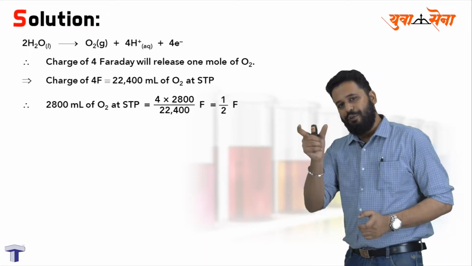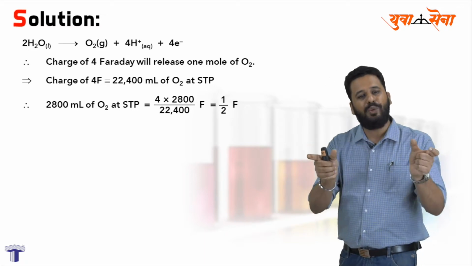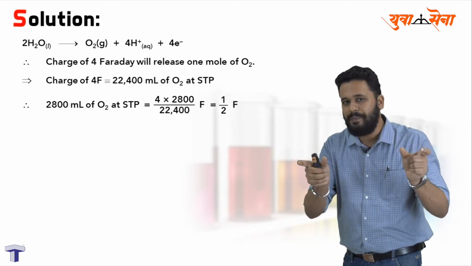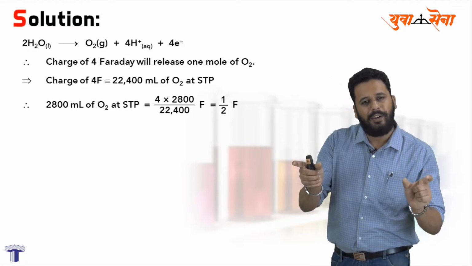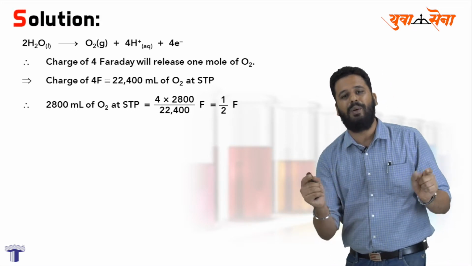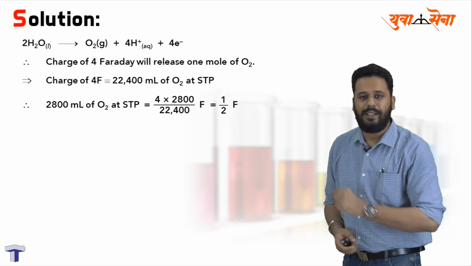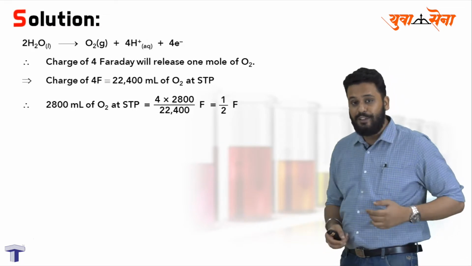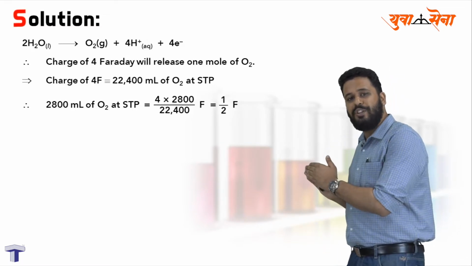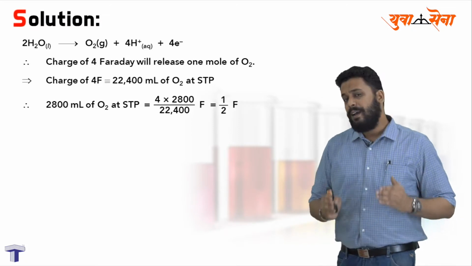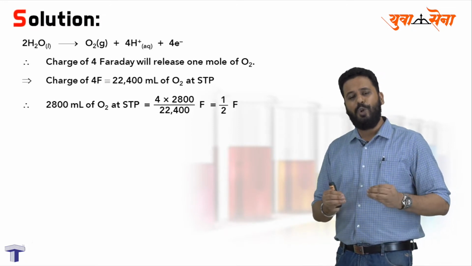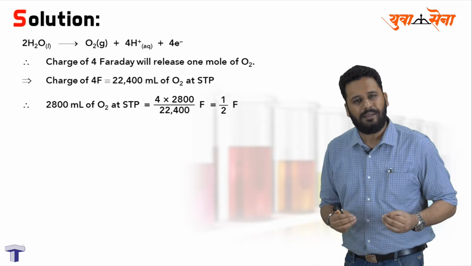Okay, so if 4 Faraday liberates 22,400 ml of oxygen, for 2,800 ml of oxygen, how many Faraday will be required? Just with a little bit of cross multiplication, we can get the answer, half Faraday. So by knowing how much oxygen has been liberated, I have calculated how much charge it will need.